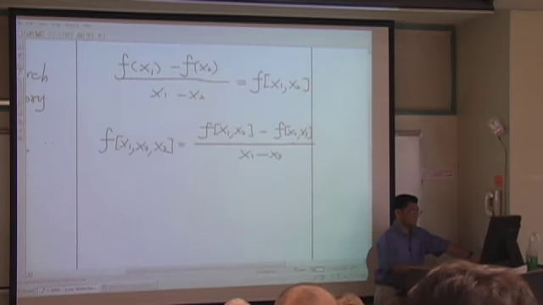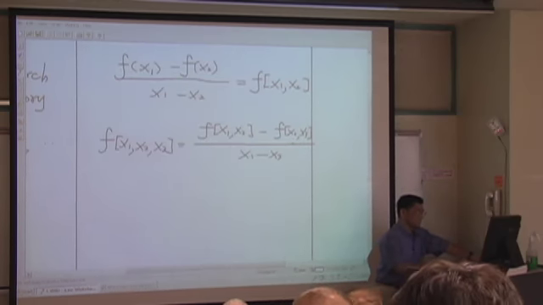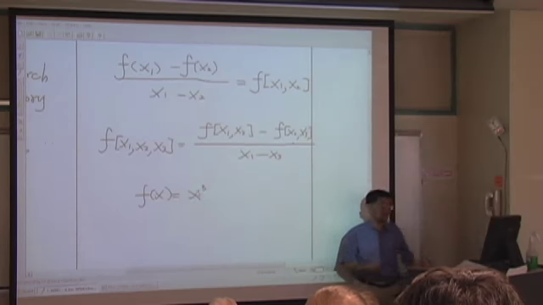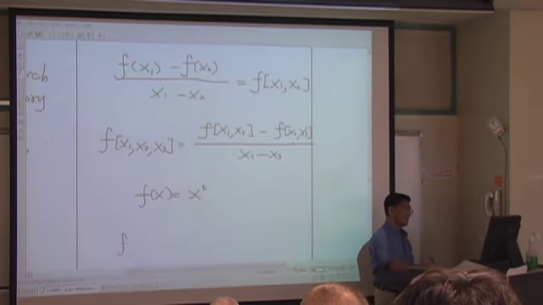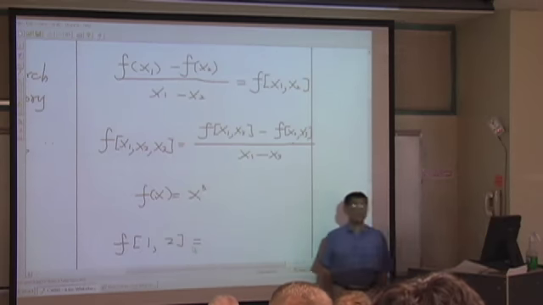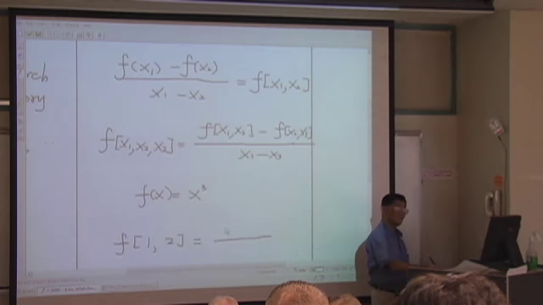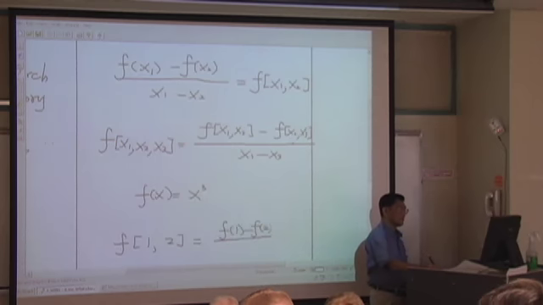Assume that f of x is x cubed. So assume that this is a function. Then what is f of 1, 2? By definition, f of 1 minus f of 2 over 1 minus 2.